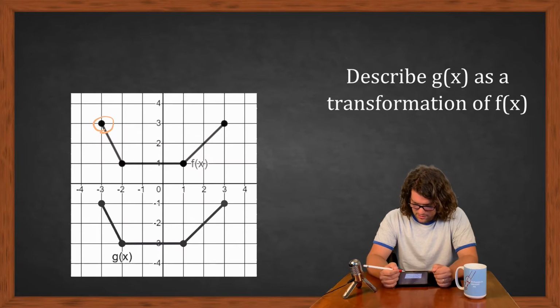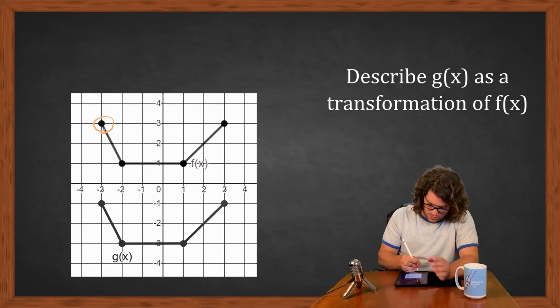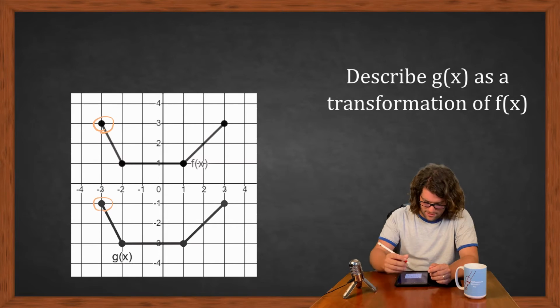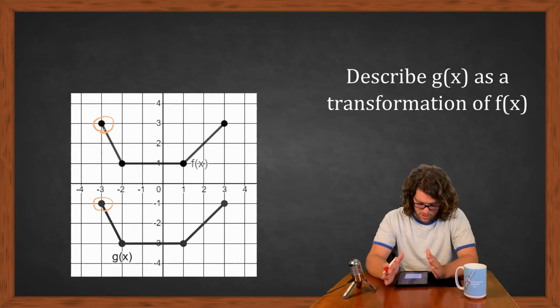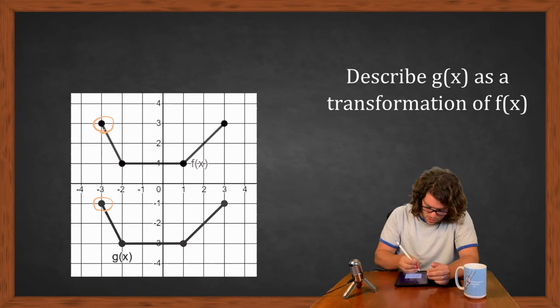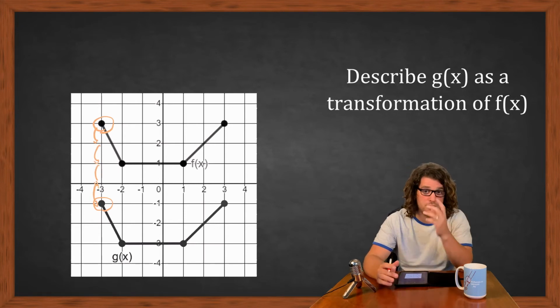So if I go down to the g of x function, we'll note that this thing right here is the same point. Now, all we're going to do is a quick skim and say, okay, that thing has moved 1, 2, 3, 4 units down, and that's all there is to it.